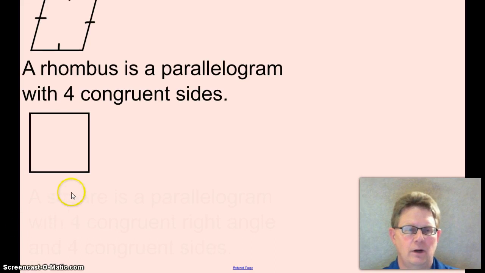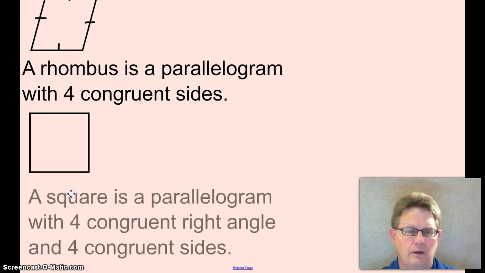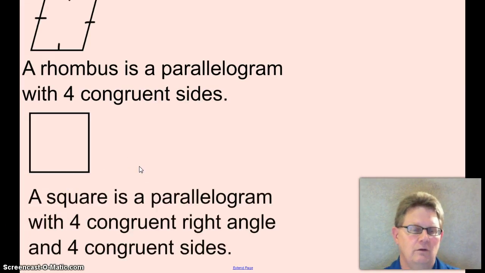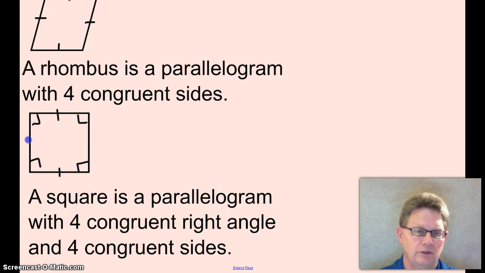Sure, that's a square. And a square is a parallelogram with 4 congruent right angles and 4 congruent sides. So since it has 4 right angles, a square is a rectangle. And since all 4 sides are congruent to each other, that square is also a rhombus.